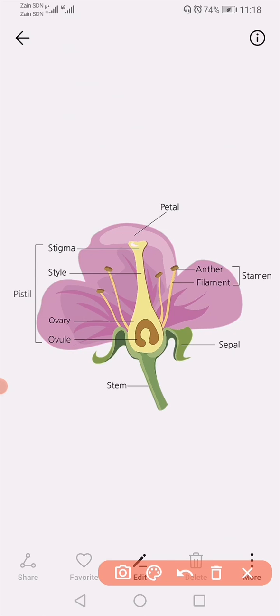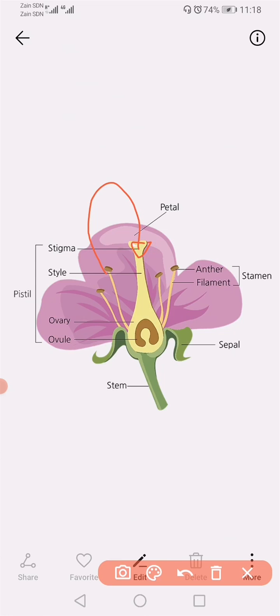So, how does the reproduction process take place in the flower? Firstly, the pollen grain will transfer from the anther to the stigma. That means transferring from the male part to the female part.